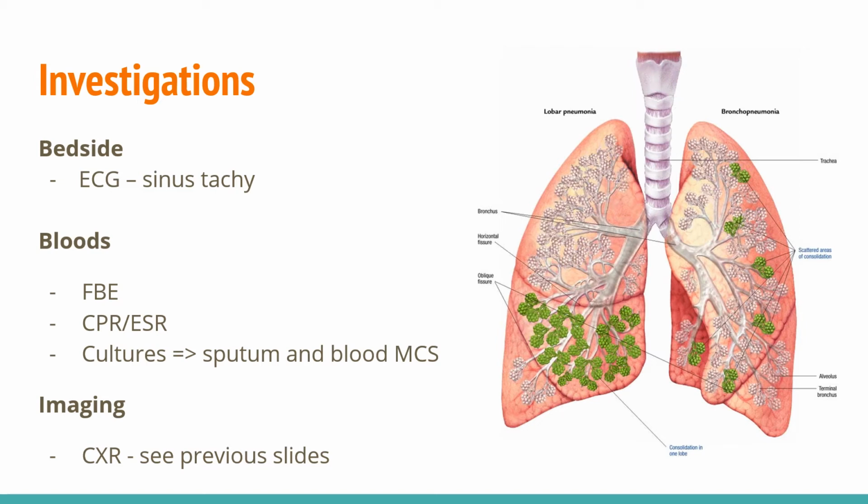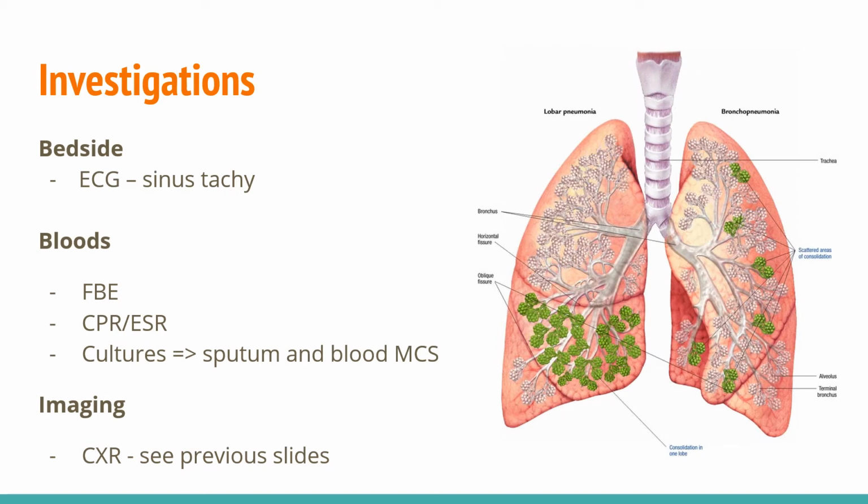I've got CPR in my mind from my doctor's ABCD that I did for management, which I'll go through in just a sec. So obviously CRP would be raised because it's an inflammatory picture. And then for diagnosis, you would be getting cultures. So you'd be doing sputum cultures, which would give you your bug so that you can give it the right drug.